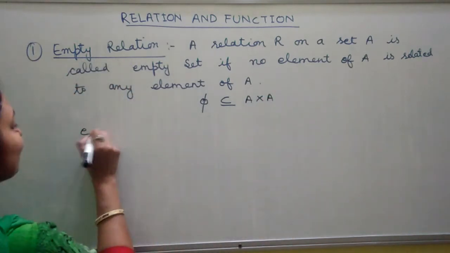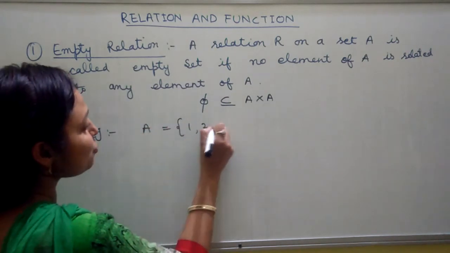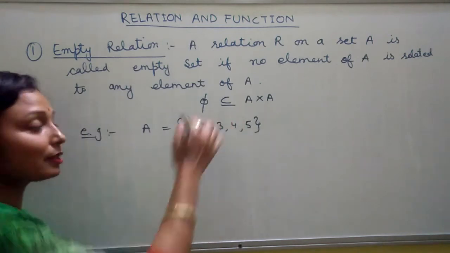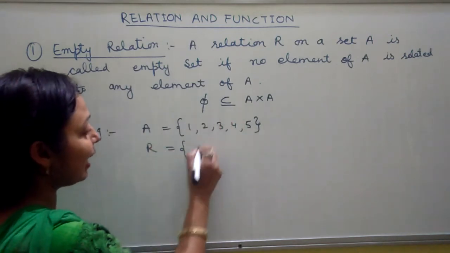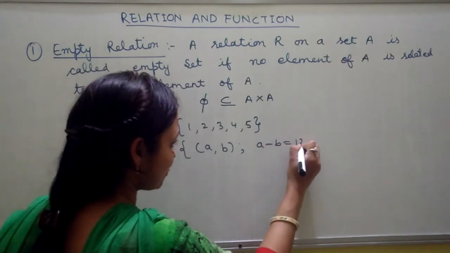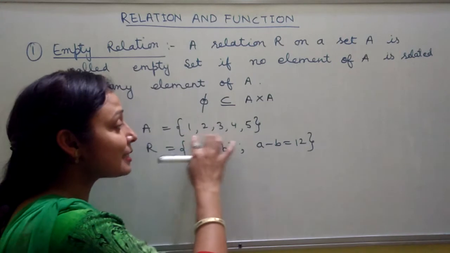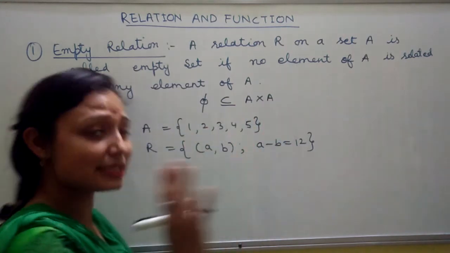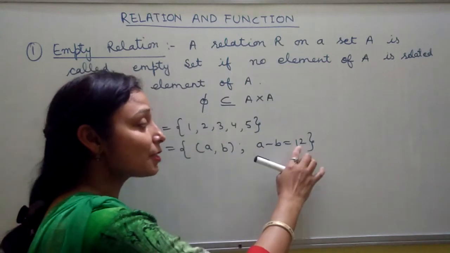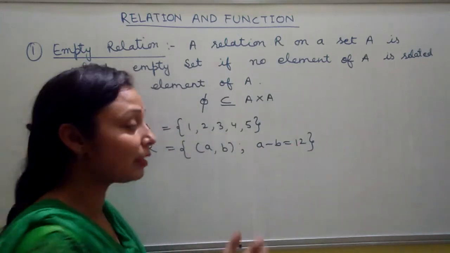For example, we have one set A = {1, 2, 3, 4, 5}, and a relation defined on this set is R = {(a, b): a minus b equals 12}. Is there any two elements out of these 5 whose subtraction gives 12?